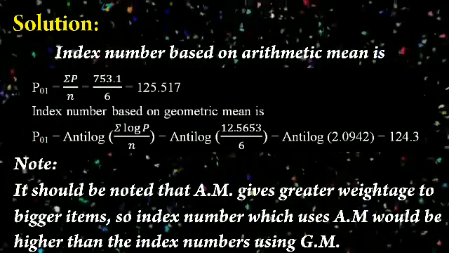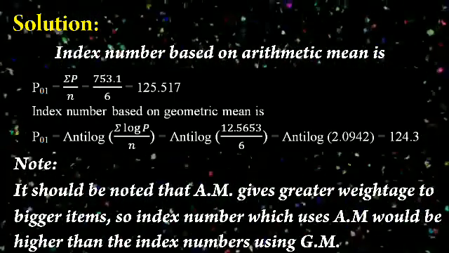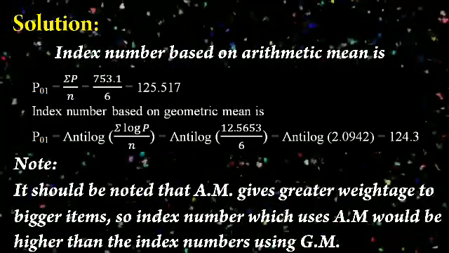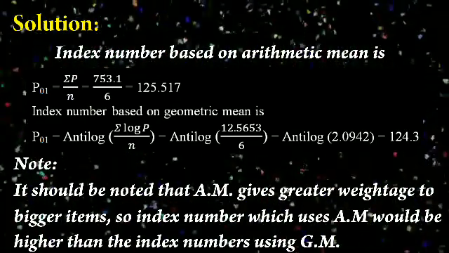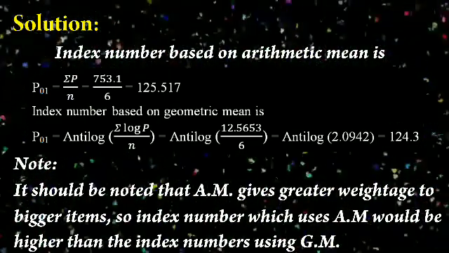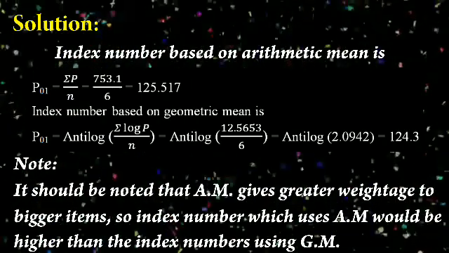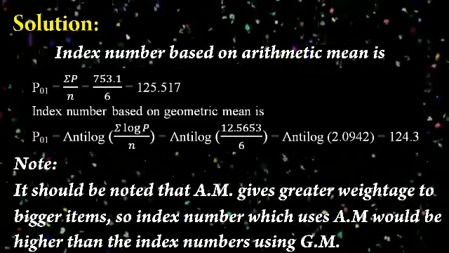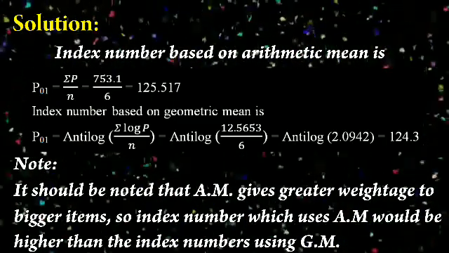You can verify this with the above problem: the AM value is 125.517 and the GM is 124.3. So always AM will be greater than GM.